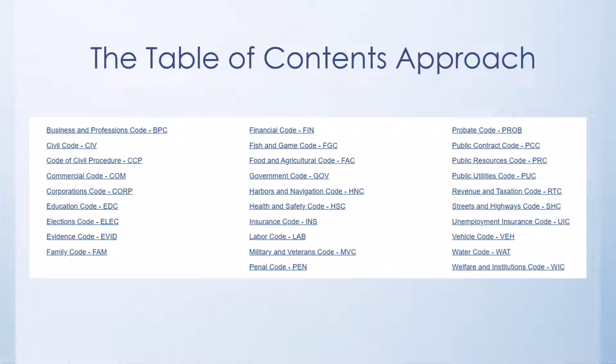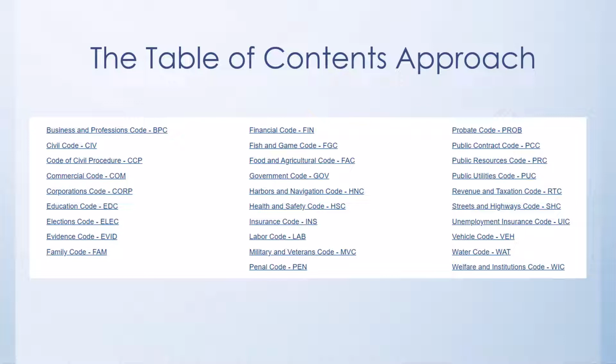And this illustrates the big weakness of the table of contents approach. If you don't know anything, how would you know how to drill down through a topic-oriented table of contents? Maybe you don't know what probate is. You would already be stuck at the first level of the table of contents.